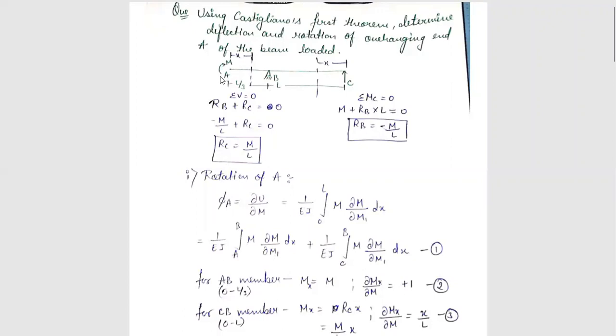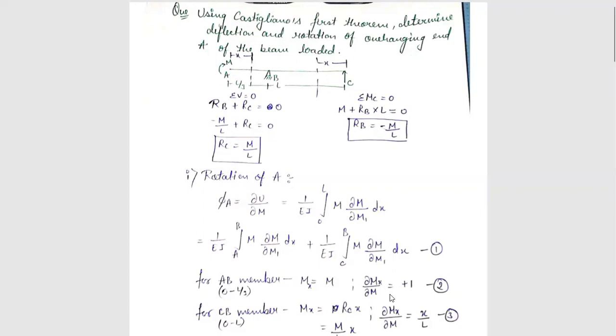Now, first, for the member AB, put a section at X distance from point A, and the limit will be 0 to L by 3 for member AB. The moment in this member, Mx equals M. So del Mx upon del M equals plus 1.